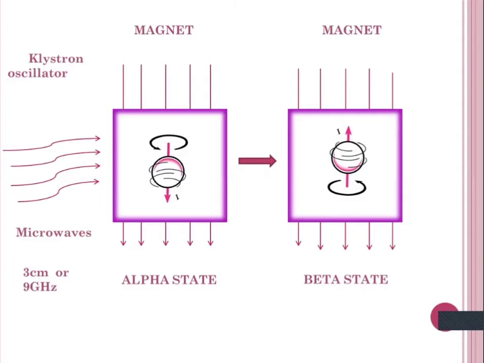This microwave radiation, when incident on an electron, then this electron opposes the direction of the applied magnetic field and it changes its direction and shifts its position. And after shifting its position, it is in the opposite direction to the applied magnetic field.